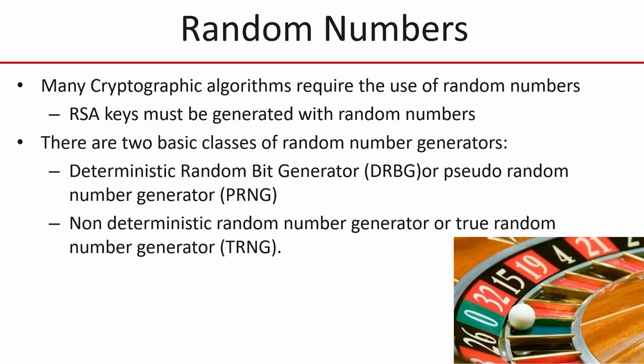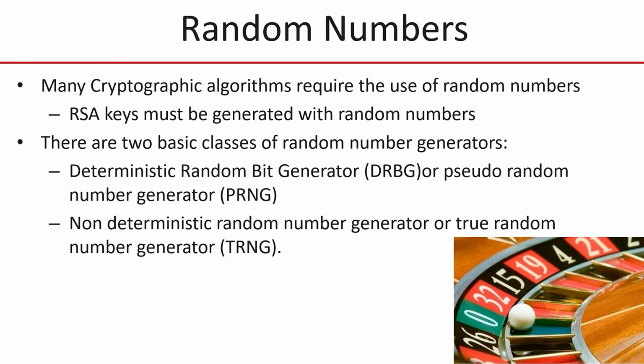Now, underpinning many of these algorithms, as I mentioned, are random number generators. Generally, a lot of newer microcontrollers that are designed as IoT devices will have a true random number generator built into them. So these give us a good source of random data, but they're often quite slow.